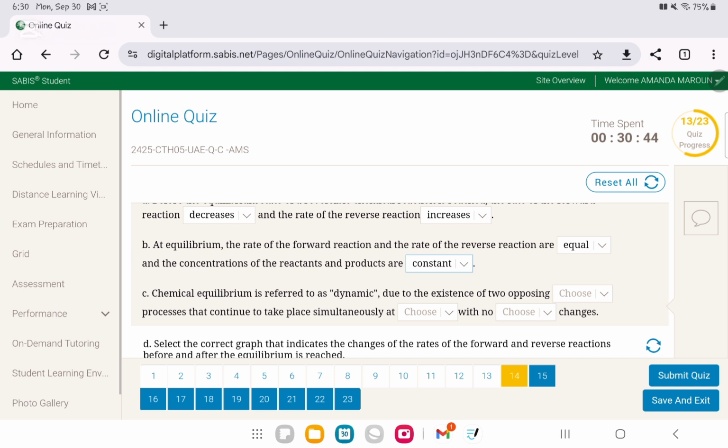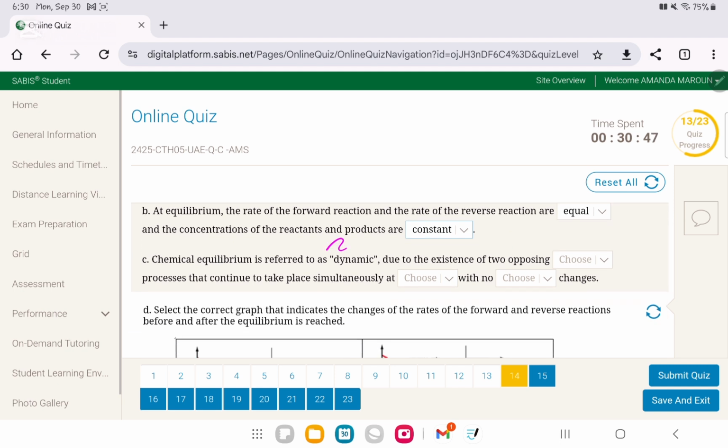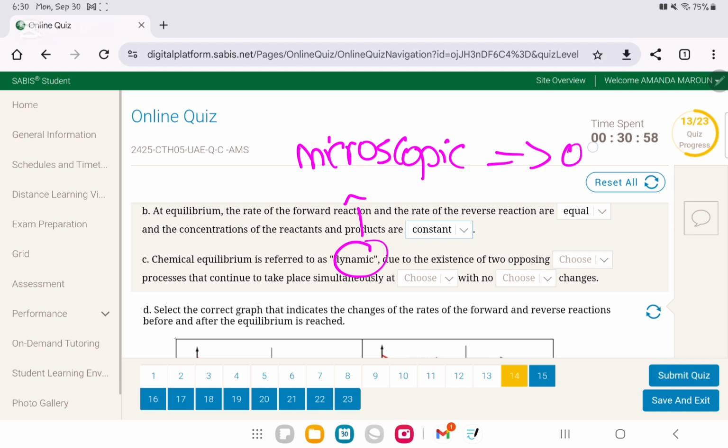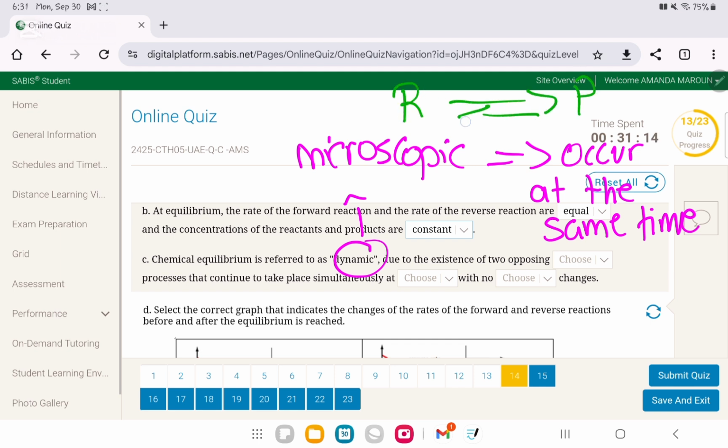Now, the chemical equilibrium is referred to as dynamic. Why do we say something is dynamic? It's because the microscopic reactions occur at the same time. For example, reactants give products and products give reactants.